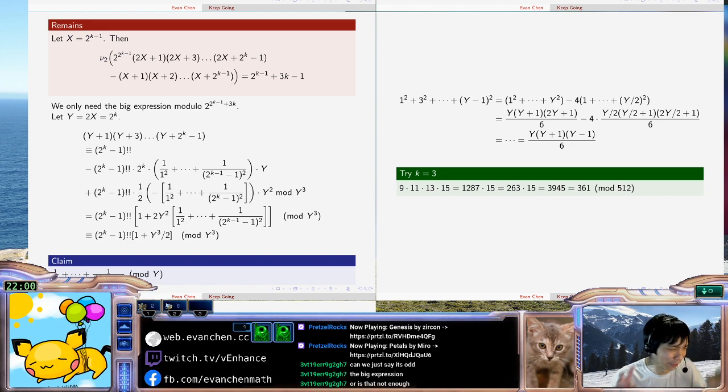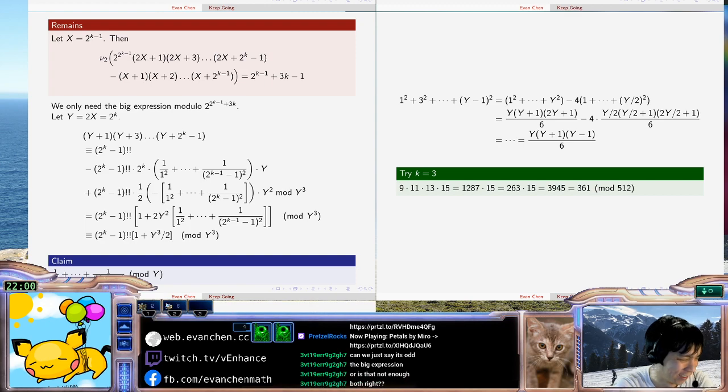Actual question, which big expression? I think every expression on the board is big. Both. I'm not sure what you mean. Let me get back to that in a moment.